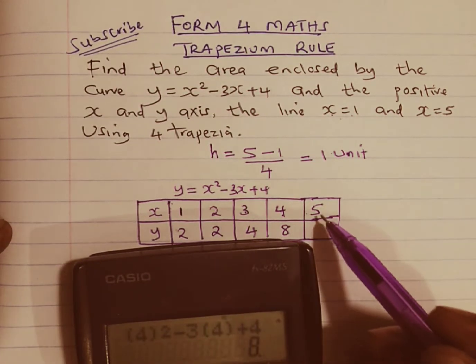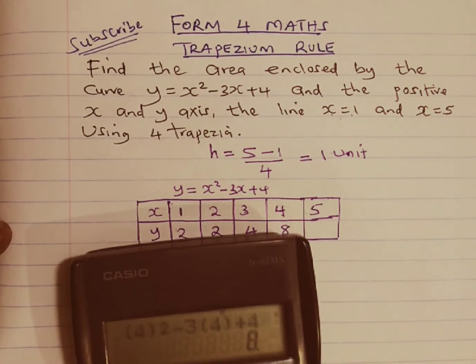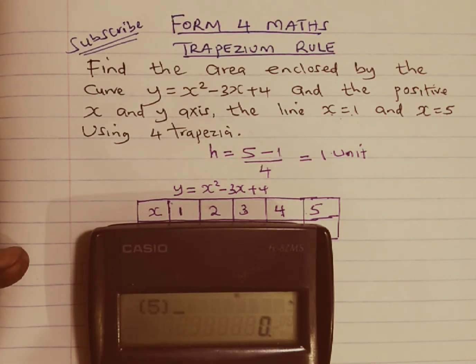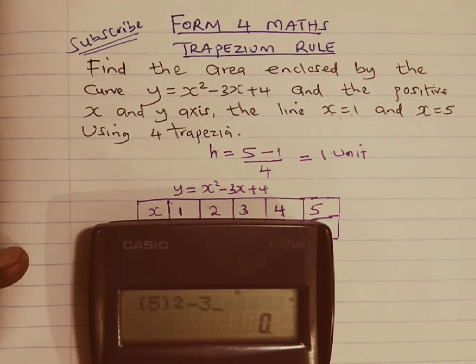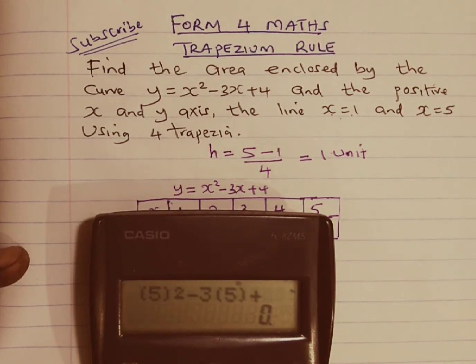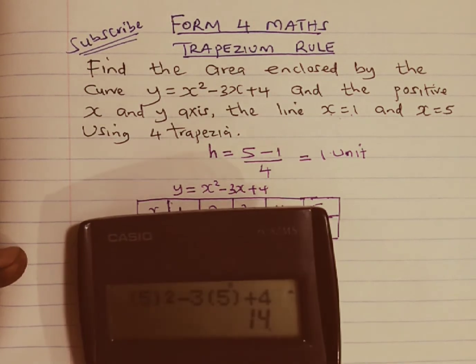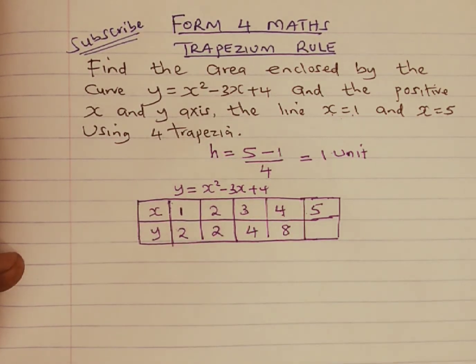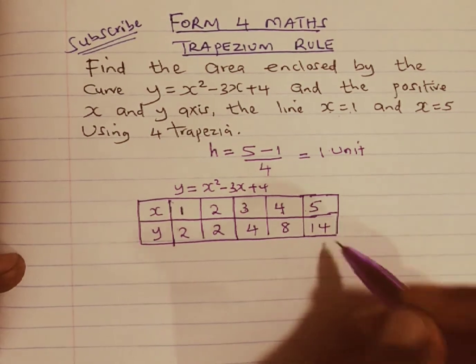Lastly, the value of x is 5. If we substitute 5 into the main function, we shall be having 5 squared minus 3 into the value of x, which is 5. We add 4, and in this case the value of y is going to be 14.